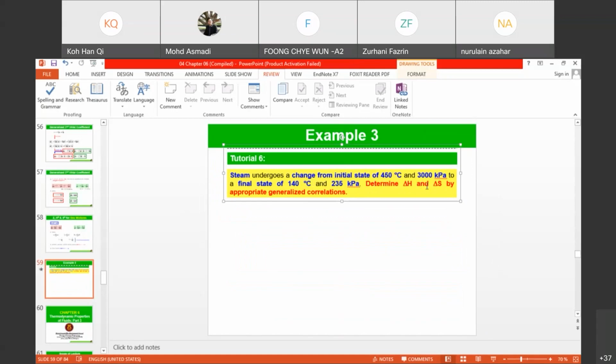Determine delta H and delta S by appropriate generalized correlations. So this one we have to determine delta H, meaning H2 minus H1, and delta S, which is S2 minus S1.